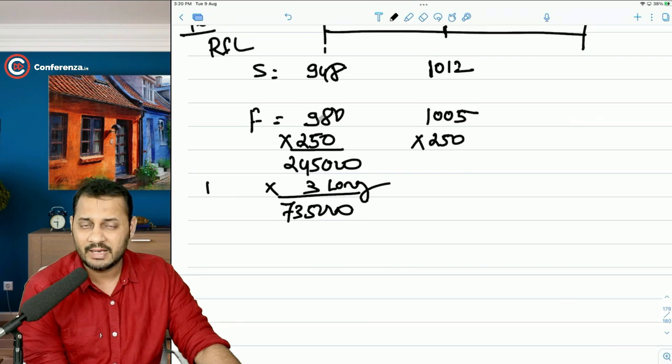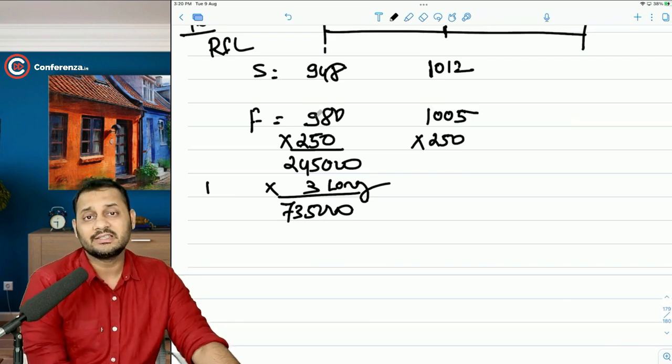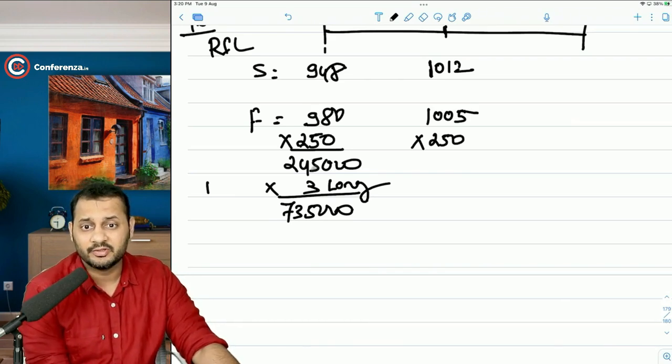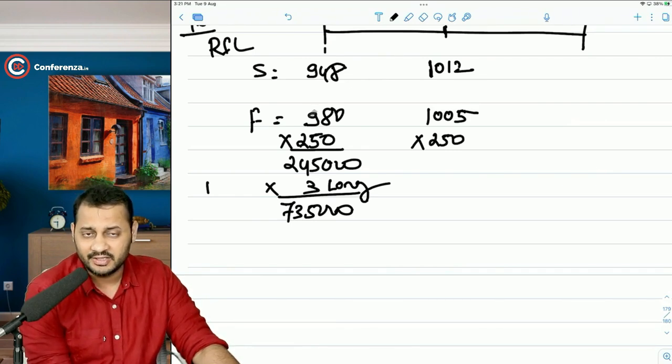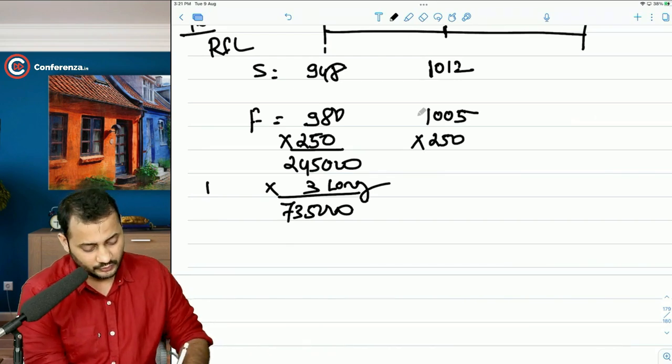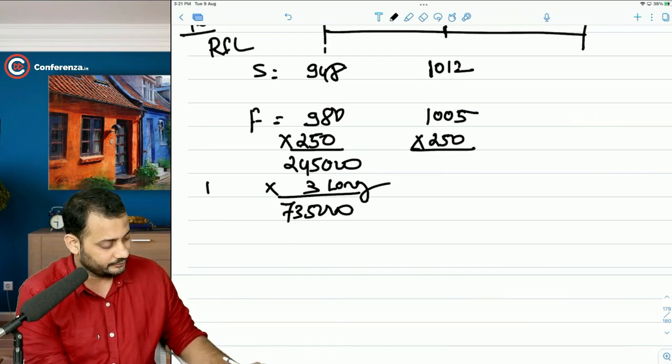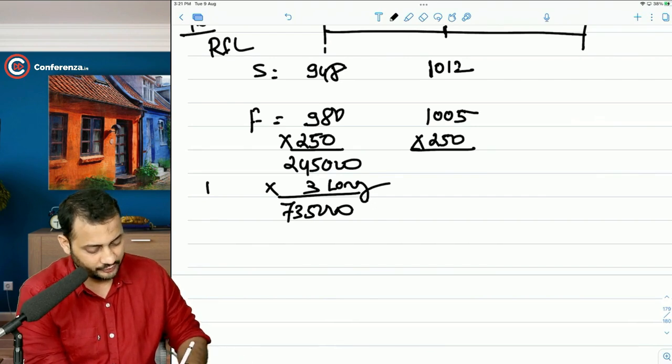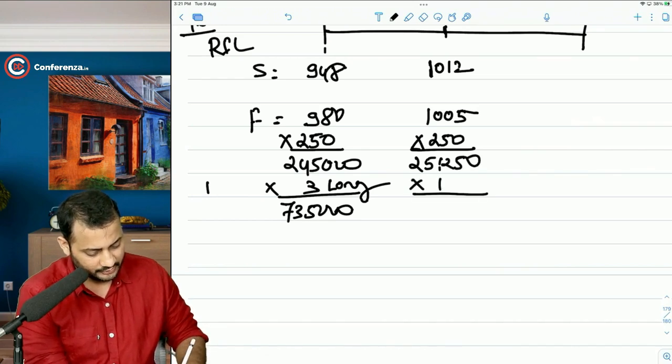But still, what is happening is in the derivatives market. Mr. X purchased 3 lots of index futures at 980, and now he has sold 1 lot at 1005. So 1005 into 250 comes to 2,51,250 for 1 lot.